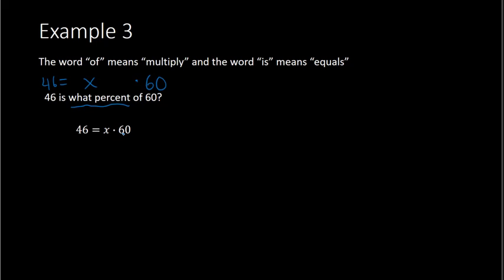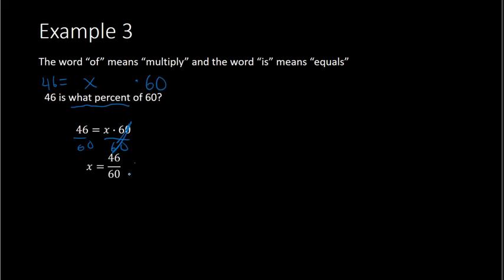To solve for x, I get rid of the times 60 by dividing both sides by 60. On the right side, the 60's cancel. So I have x equals 46 over 60, which can reduce.